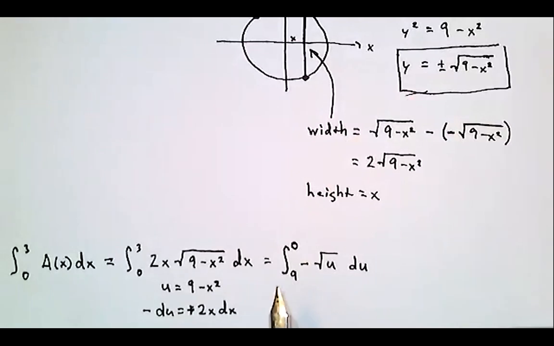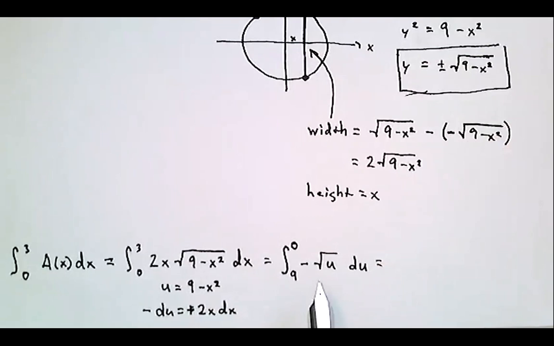So you can either change it this way so that we have new limits of integration and we don't have to worry about substituting backwards, or you can leave it essentially like this and at the end change back to x's. Whichever method you pick is fine. They both work. This is just the one that I like.